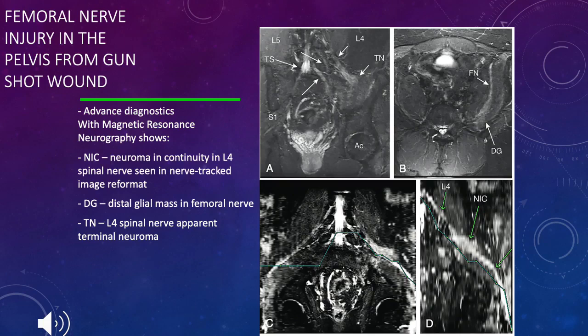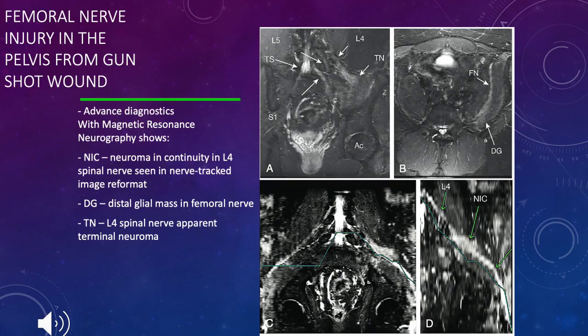And what you see in the top A panel is the L4 spinal nerve expanding into a terminal neuroma, the S1 spinal nerve traversing below the level of abnormality, and then we see in panel B the femoral nerve with a distal neuroma, sometimes called a traumatic glioma or a glial mass.